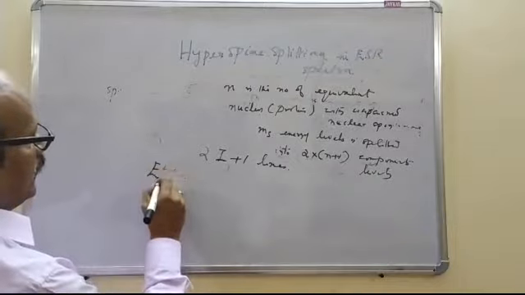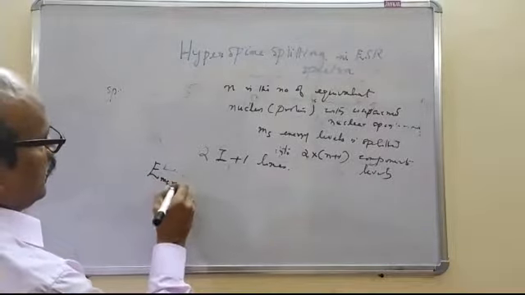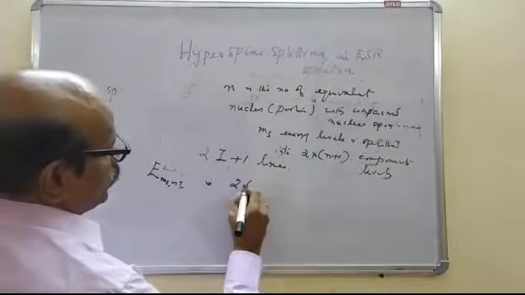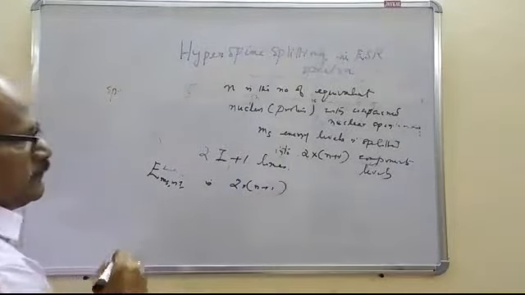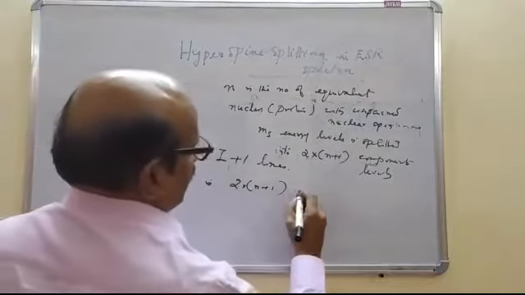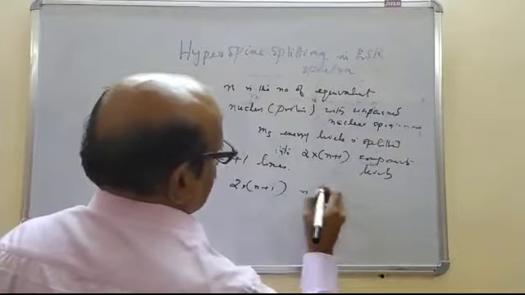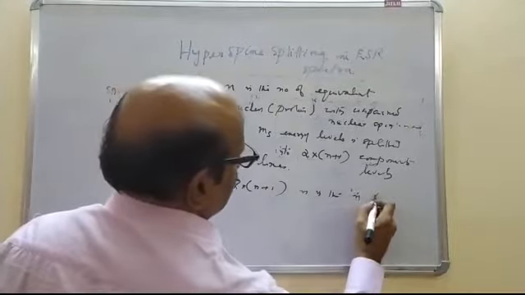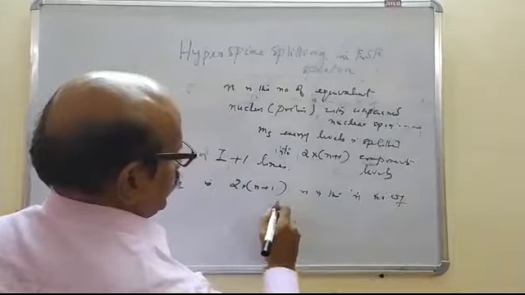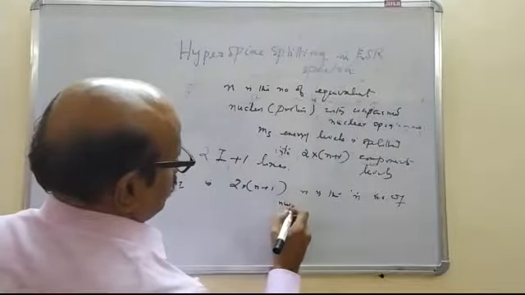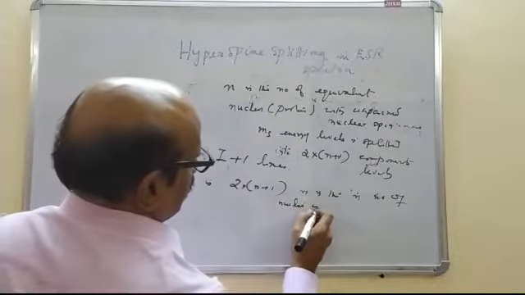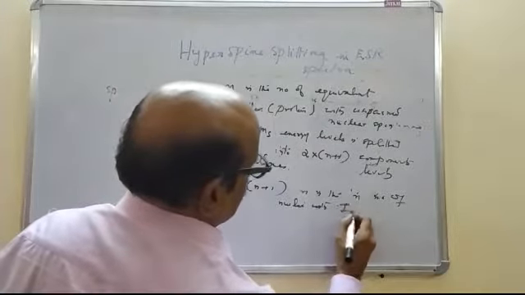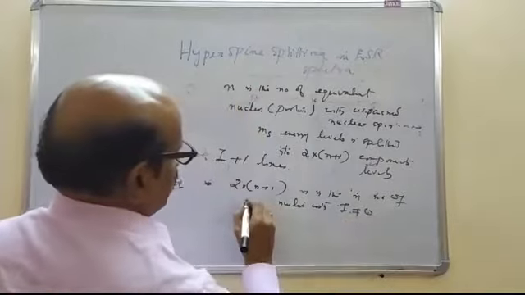The number of component lines is 2I plus 1. The number of energy levels, E(M_S, M_I), is 2 into n plus 1, where n is the number of equivalent nuclei with I not equal to 0.